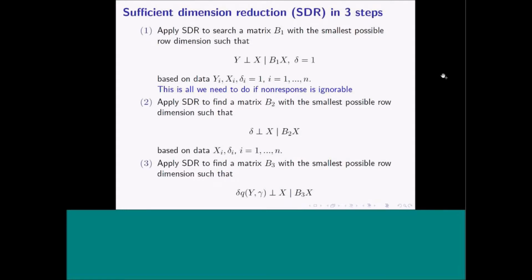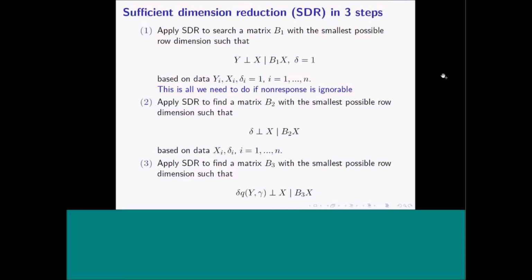For delta equal to 1, using those observed data, I'm going to do a dimension reduction with existing methods to find a B1 times X, such that given B1 X, Y and X are independent. And if the missingness is ignorable, then that B1 is all we need.